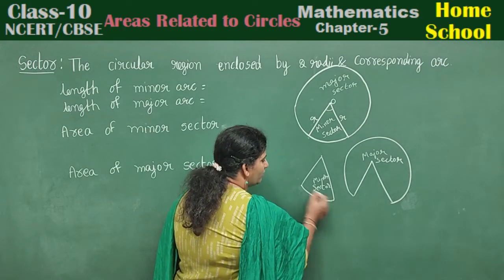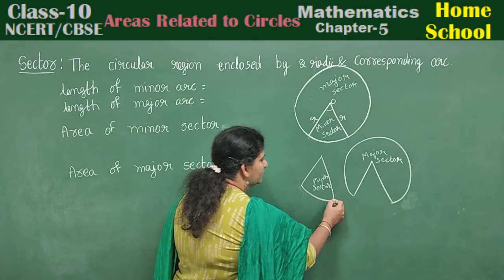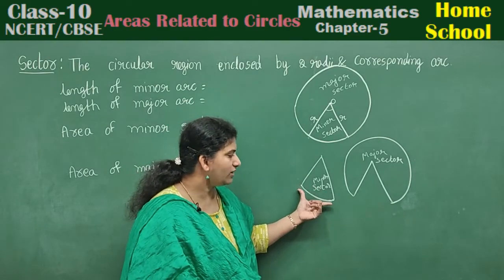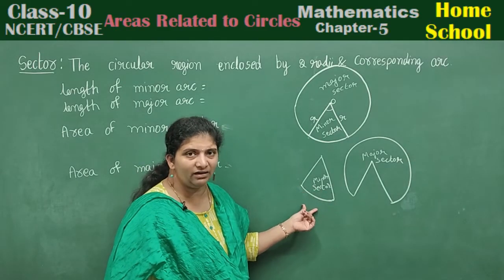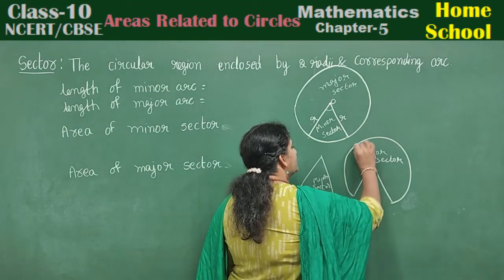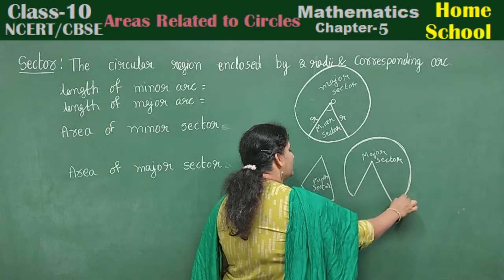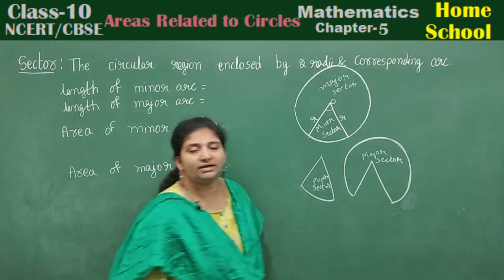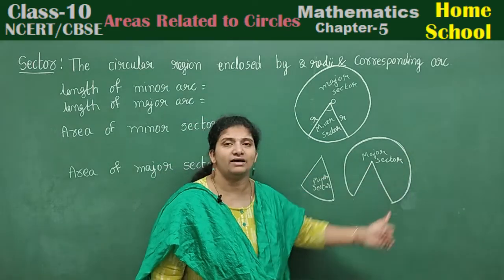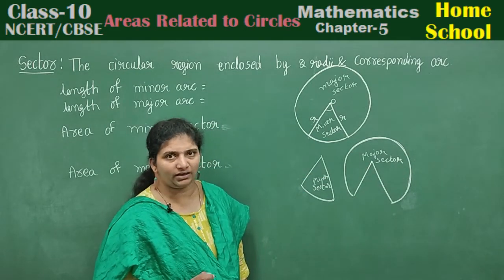From here to here, we call it an arc. This arc is in the minor sector, so we call it the minor arc. And this is also an arc, but its length is more, so we call this arc a major arc.